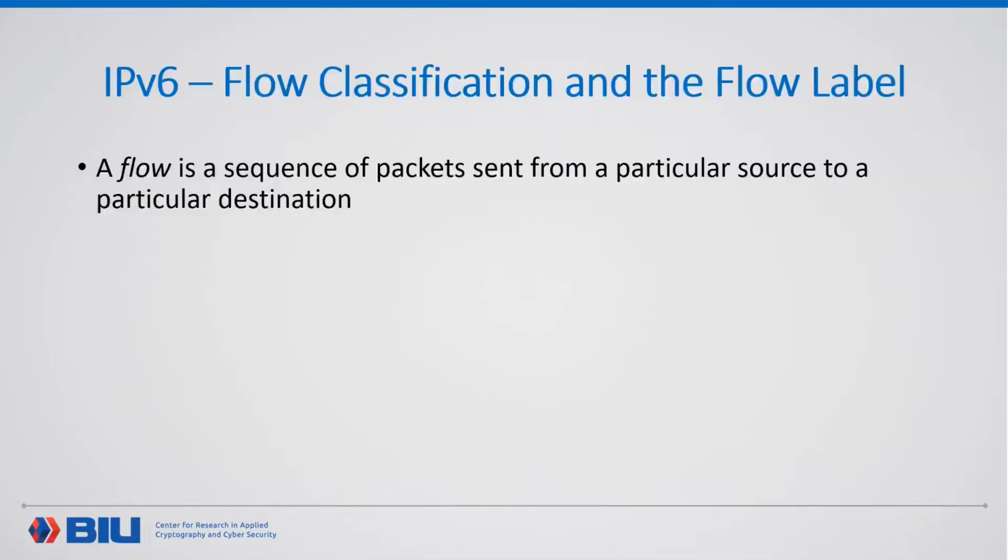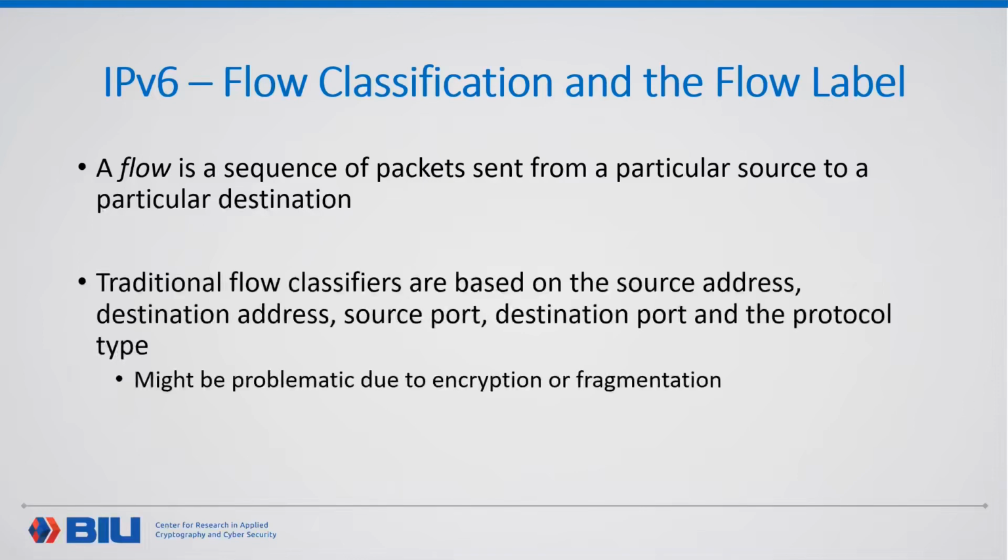Okay, so a bit on flow classification and the flow label. A flow is defined as a sequence of packets sent from a particular source to a particular destination. The flow classification is usually done by forwarding devices such as routers or load distributors, and it is traditionally based on the five-tuple of source address, destination address, source port, destination port, and protocol number.